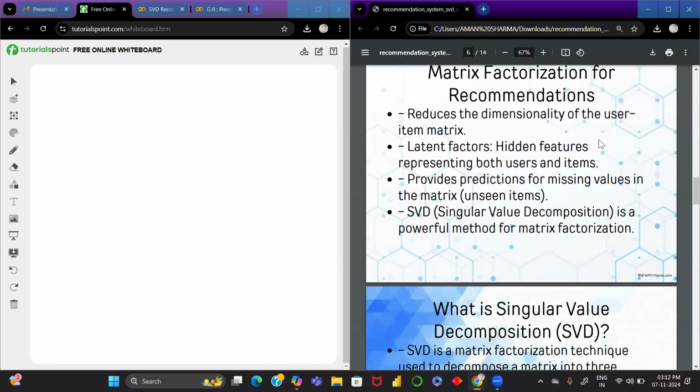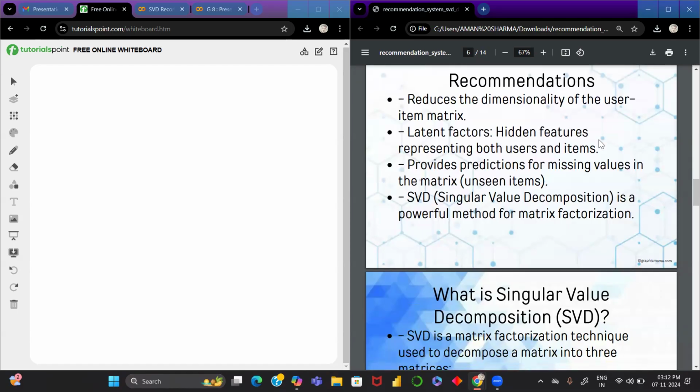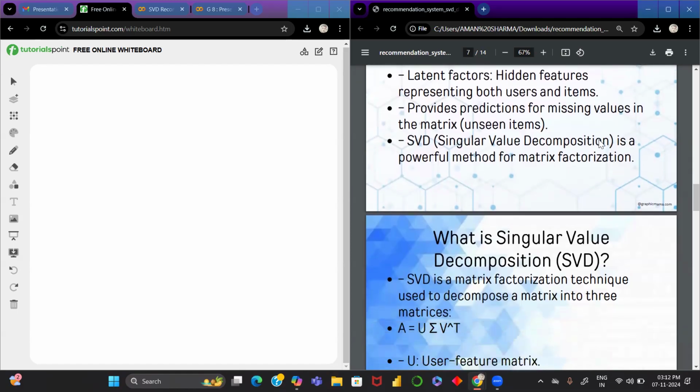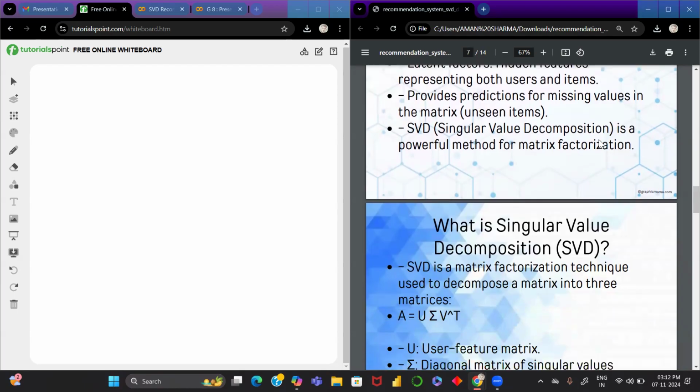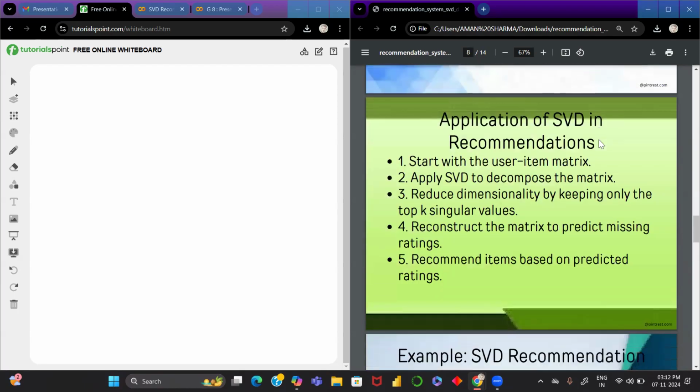So when we use SVD for recommendation, it has an additional thing called latent factors. What it does is basically reduce the dimensions of the matrix, and it helps in identifying hidden features which are not directly visible to the user.